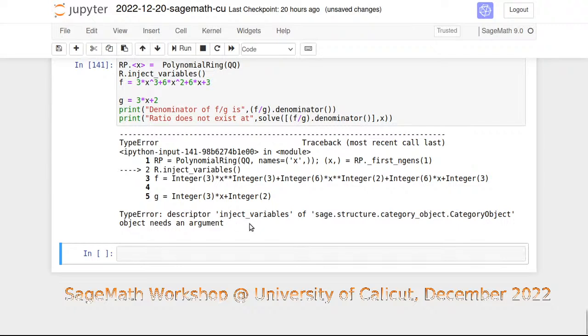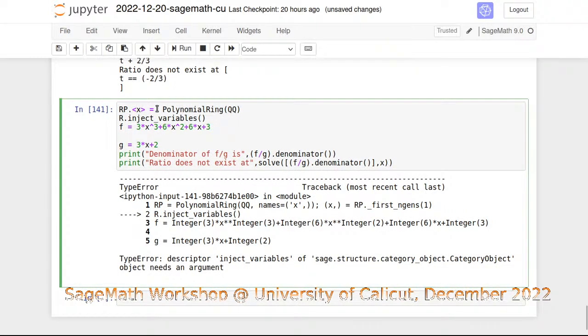So let me define a polynomial ring. We want to define the polynomial ring as well as the variable.